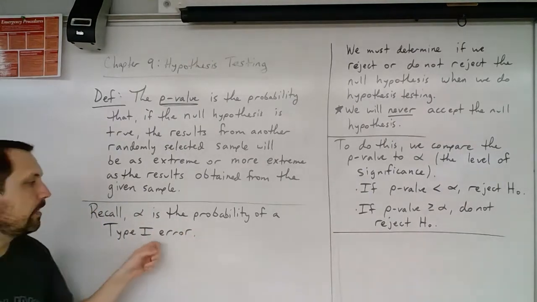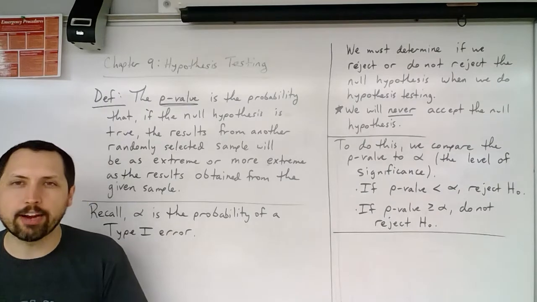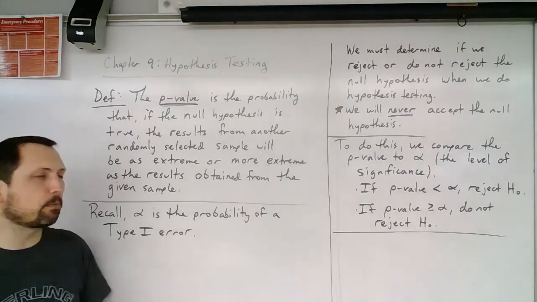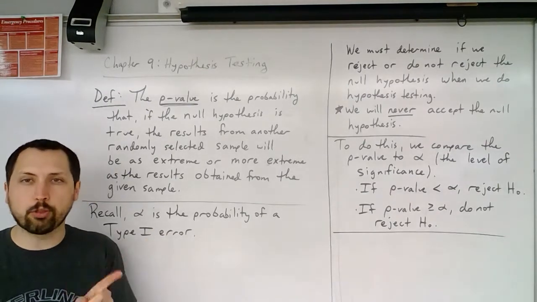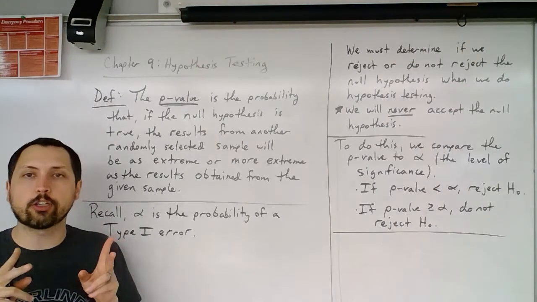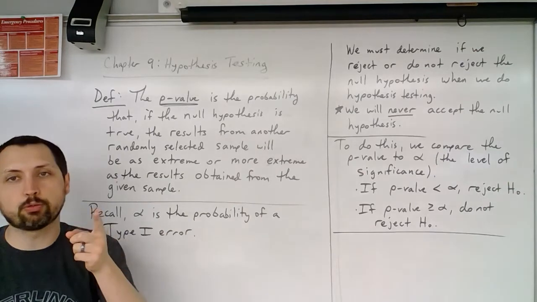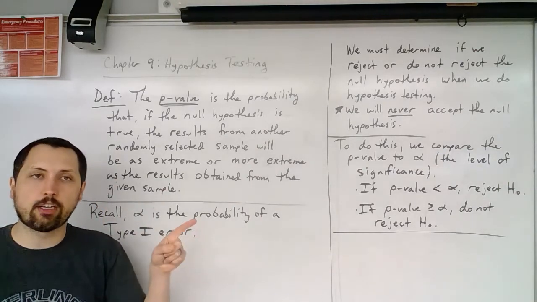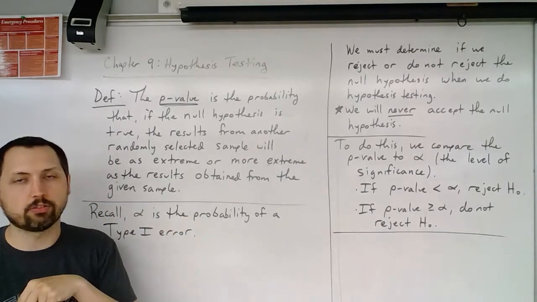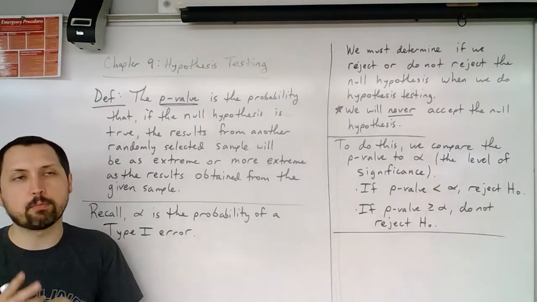So alpha, this is something that we introduced just at the end of the last class. Alpha is the probability of a type 1 error. If you look back, we had a type 1 error and a type 2 error. Those two occur when we reject the null hypothesis but it was actually true, or when we do not reject the null hypothesis when the null hypothesis was false. Those are the two times we might get an error.